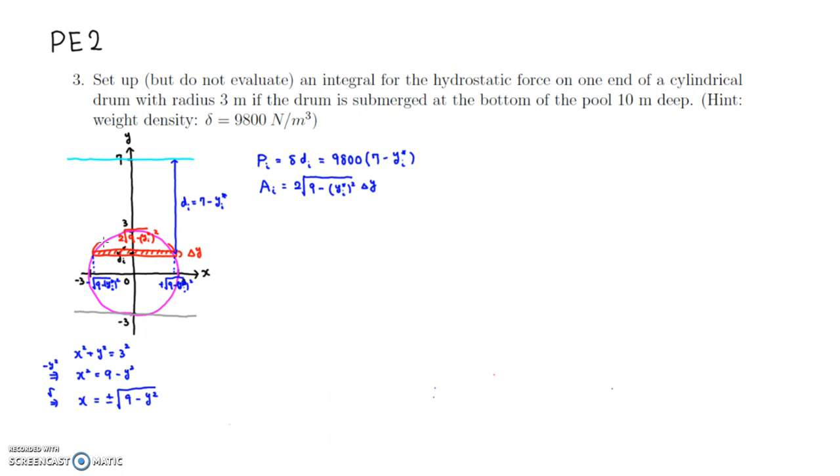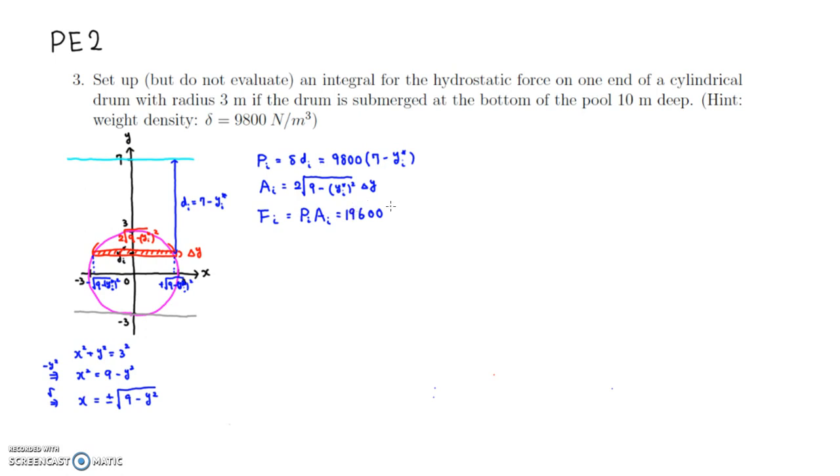Then we can find the hydrostatic force just on that piece. I'm going to call it Fi. Fi is just the pressure Pi times the area Ai, so we multiply these together. 2 times 9800 is 19,600.